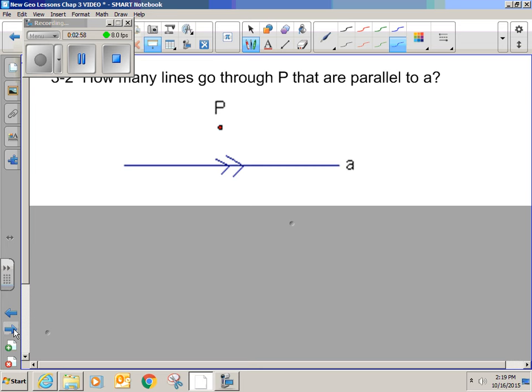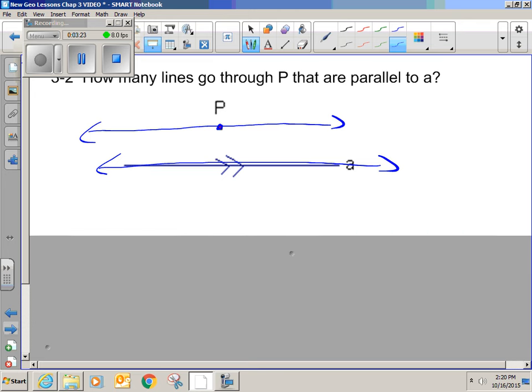But before we do, there's one more little postulate we need to talk about. It's called the parallel postulate. What we're wondering is, if I have a line, let's call it line A, and I have a point P not on that line, how many lines both pass through P and are parallel to line A?